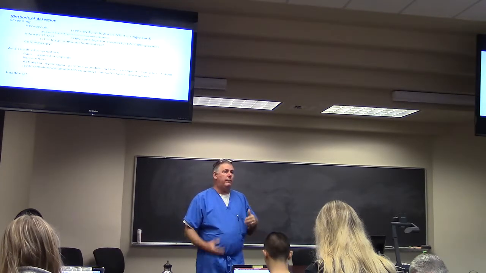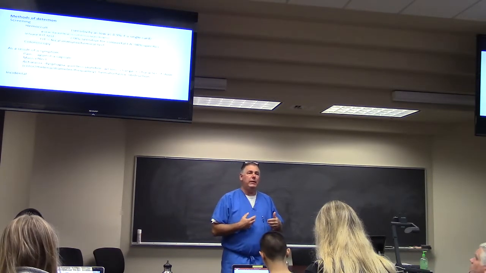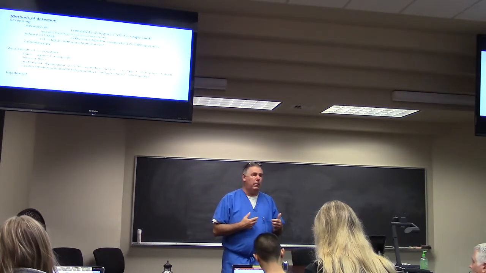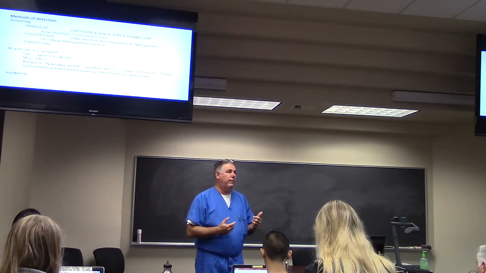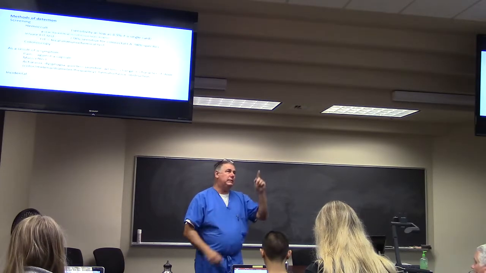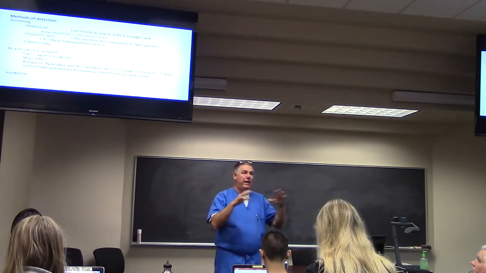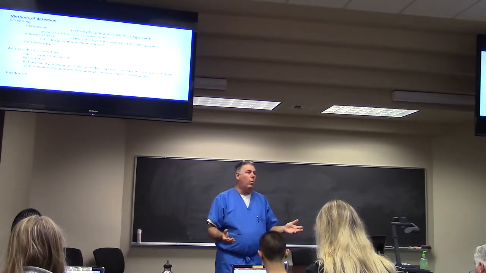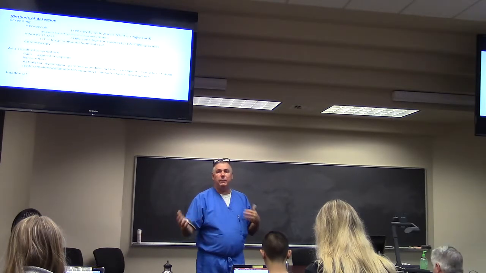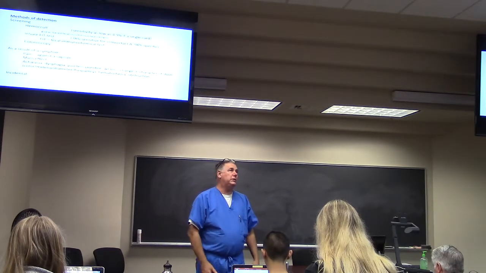So if you have a mass lesion of the liver, the only thing that's going to cause pain is if that mass is distending the capsule of the organ, or it's pushing on something else, or it becomes ischemic.